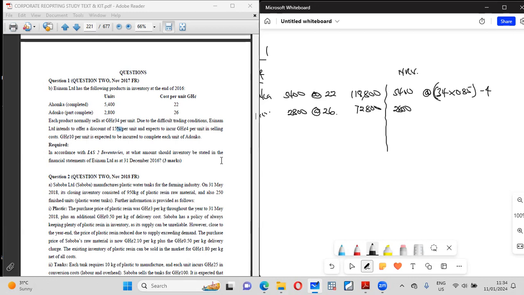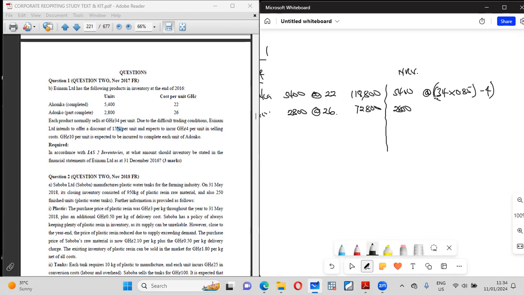Now, that said, which means that if you do, let's say 0.85 multiplied by 34, I think what you get is 28.9. Then you less 4. That one will give you 24.9.